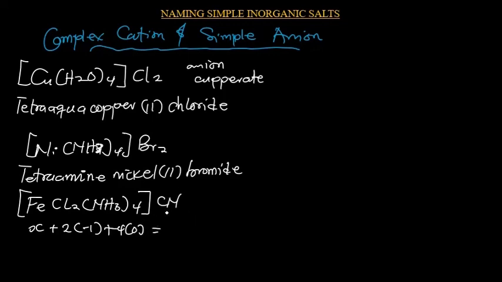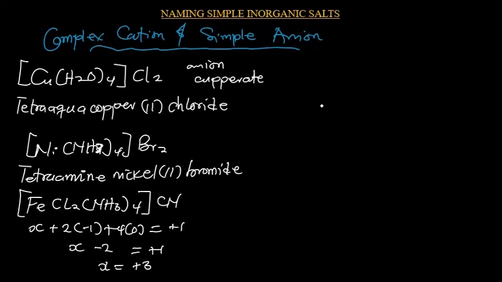And then what will be the charge over here? The charge over here is going to be +1, because CN has a charge of -1. So x minus 2, plus 0, equals +1. So x is equal to +3 if you take the -2 to the right side.